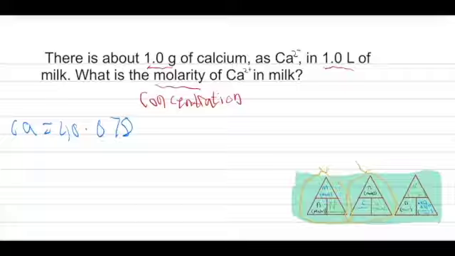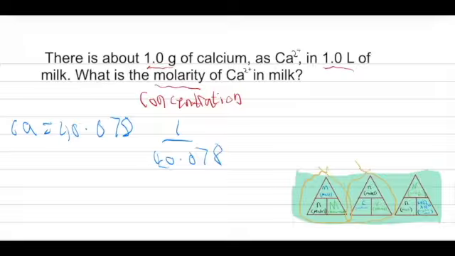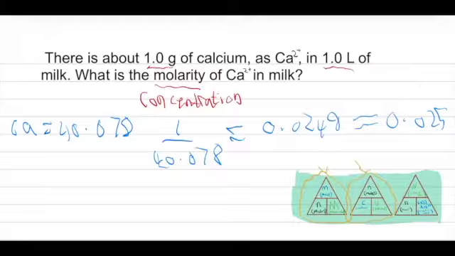So we got the molar mass, we got 1 gram. So 1 over 40.078, and that equals 0.0249, which just approximately equals 0.025. I'm just rounding here, okay?